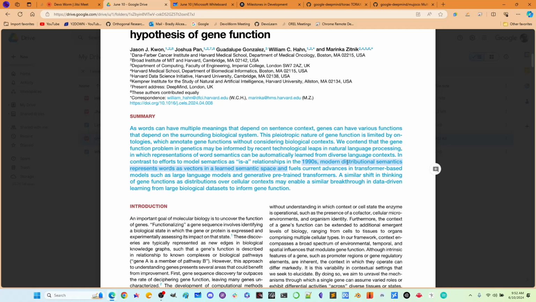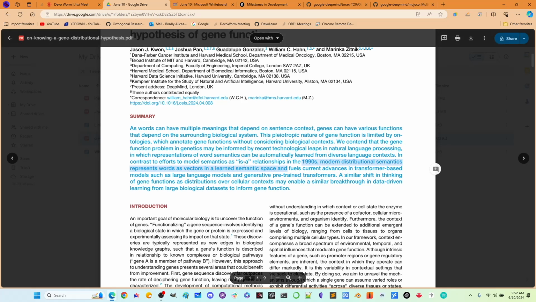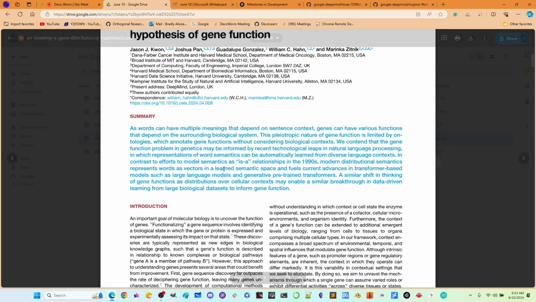If you look at a database of words used in different contexts in different books, you can see where it's used and how it's used. Then you can build a probability distribution that says this word is used in this context so much of the time, and then you find the most likely uses of the word in terms of its meaning, its semantics, and you can use that as the answer. That improves over these is-a relationships. That's a good advance, and we want to apply it to gene expression data.